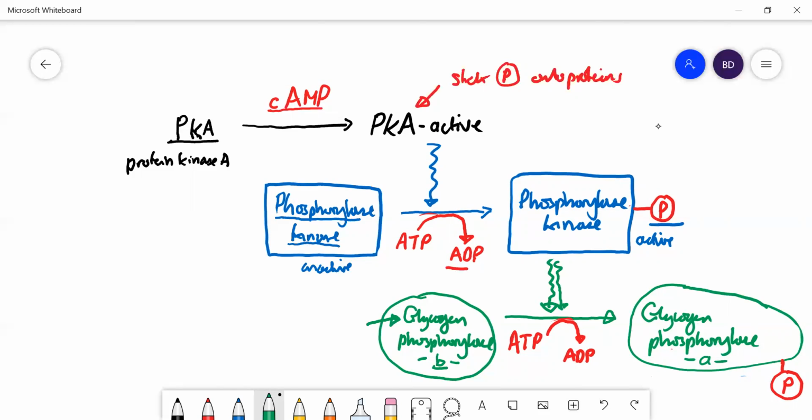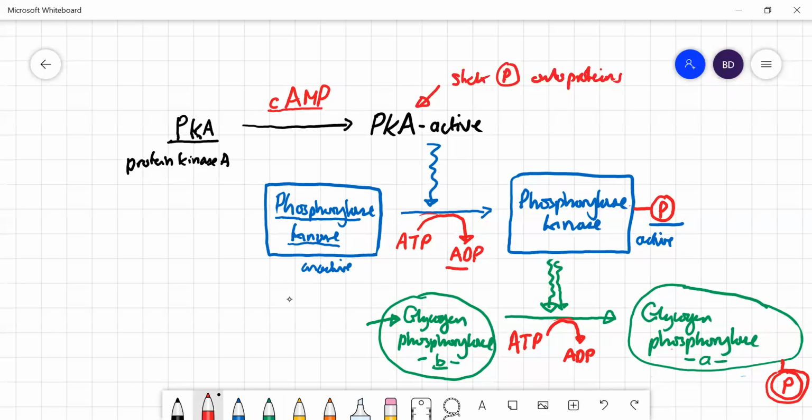But phosphorylase kinase transfers, again, there's a bit of a pattern going on here, this phosphate group onto it, and that activates glycogen phosphorylase. It turns into the A form, which is then active.